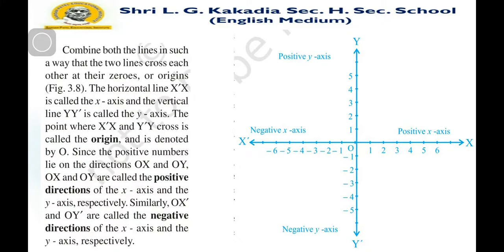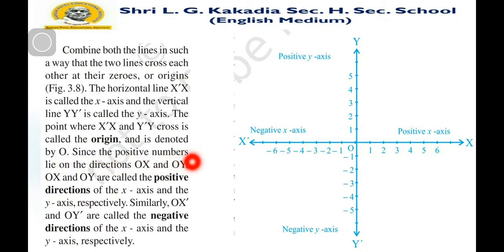So combine both lines in such a way that the two lines cross each other at their zeros, meaning their origin. The horizontal line x dash x is called the x-axis and the vertical line y dash y is called the y-axis. The point where x dash x and y dash y cross is called the origin, meaning here O is the origin of both the x-axis and y-axis, and it is denoted by O.